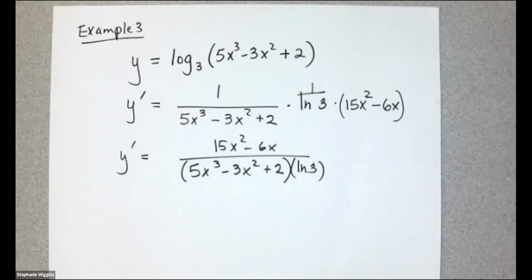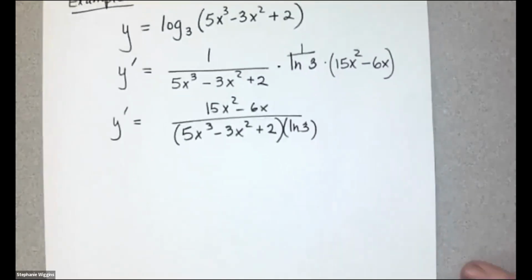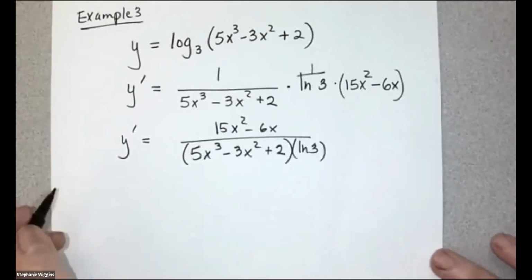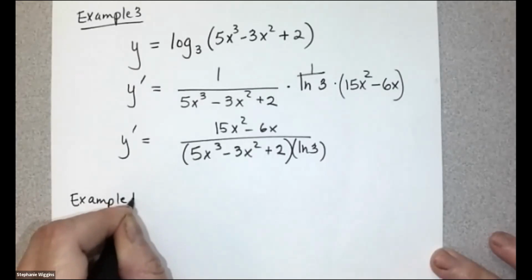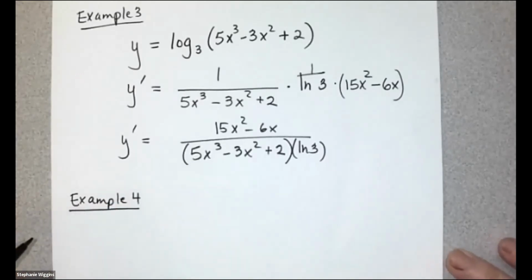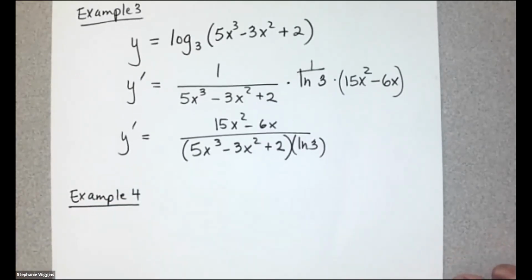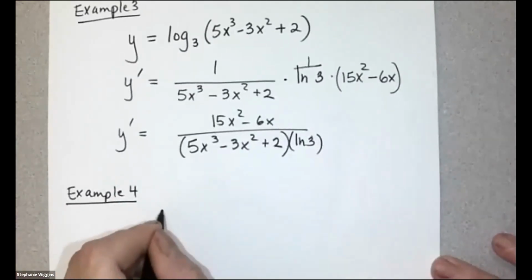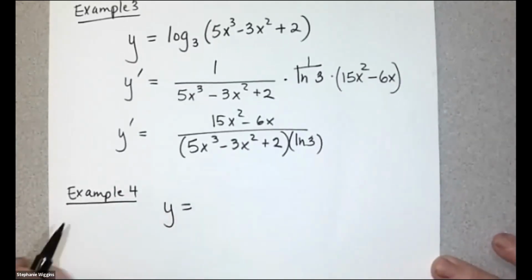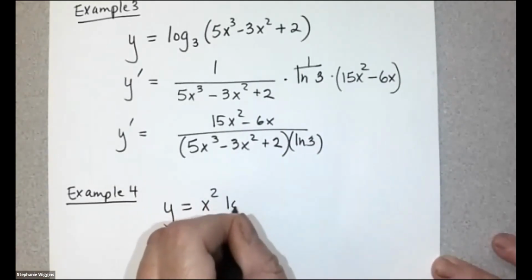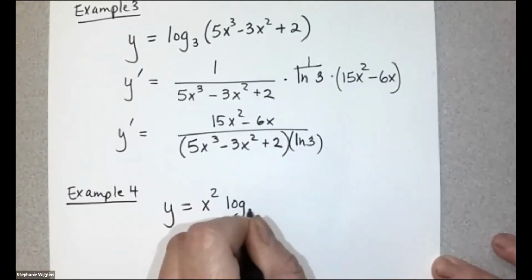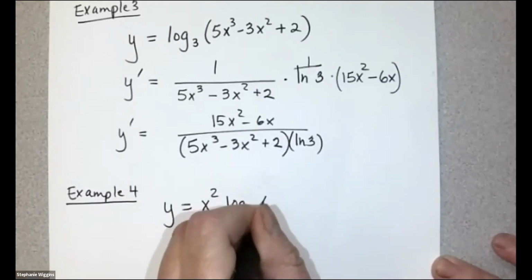All right. Let's do one with the product rule so we can practice that. It's always good to practice our rules. So let's try one with the product rule. Let's suppose we have y equals x squared times log base 5 of x.